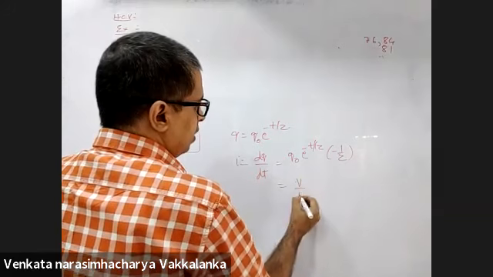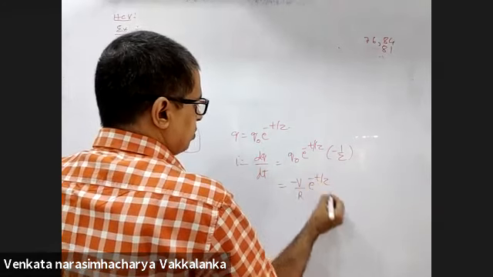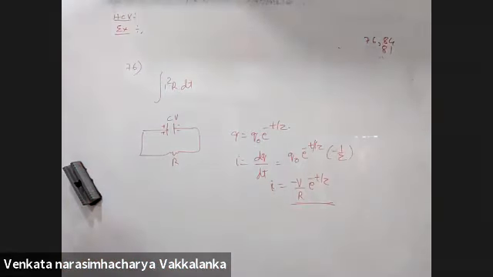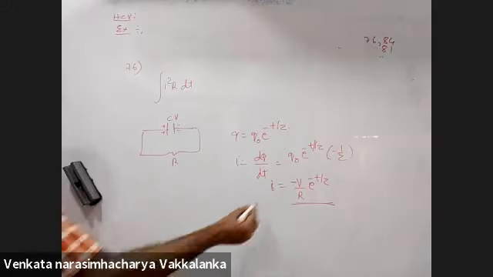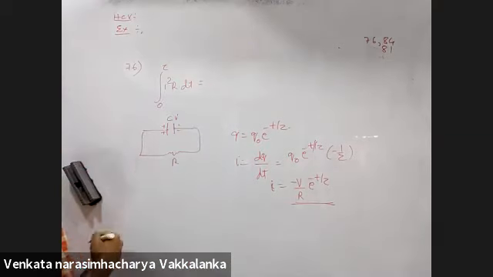CV by RC, V by R, e to the power minus t by tau with a negative sign. Minus V by R e to the power minus t by tau. Current is decreasing, so dq by dt will obviously turn out to be negative. Substitute this I here in one time constant and calculate that.